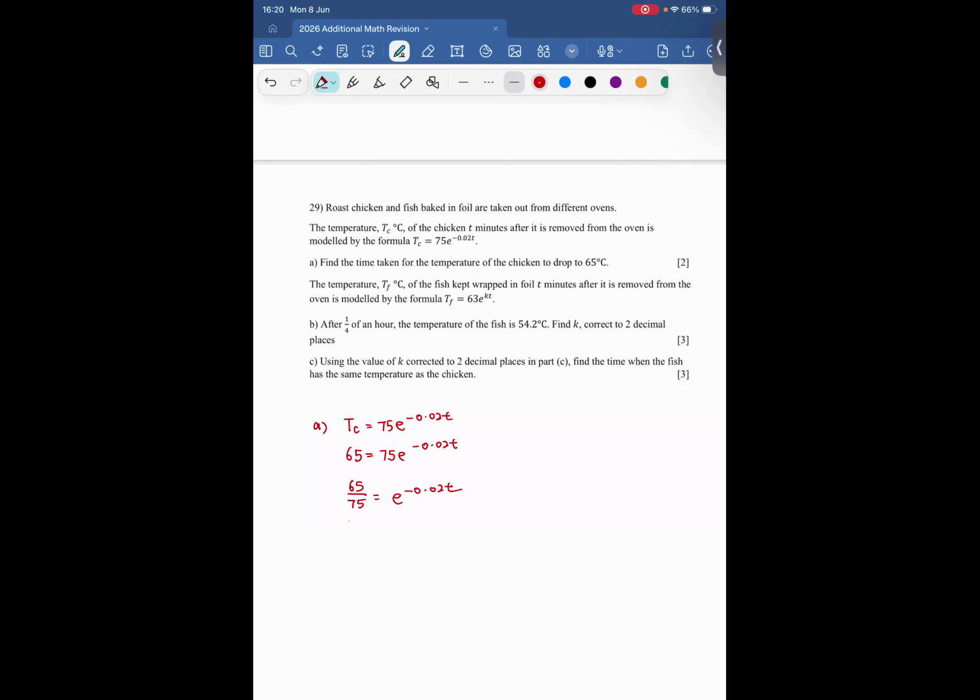In order to bring the power down, I ln both sides. Okay, then you can bring the 0.02 T down. Ln e is just 1.